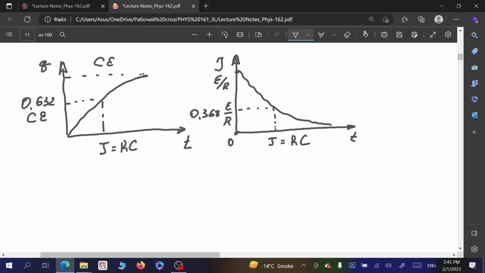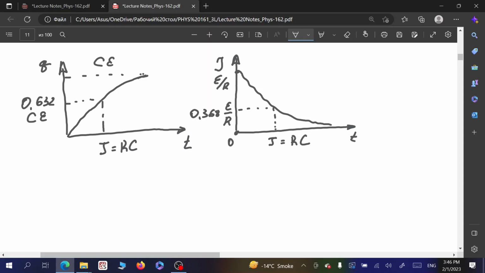Then we have equal potential difference at the battery and at the plates of the capacitor. Then the capacitor can be considered as just an open circuit with infinitely large resistance.